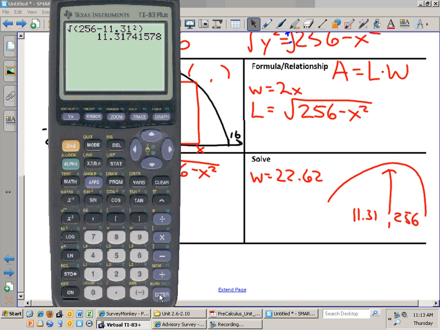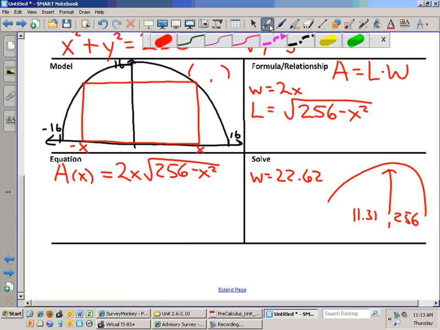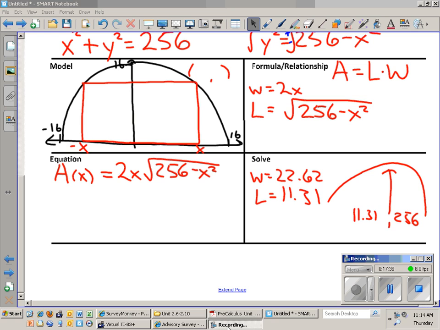I get 11.31 back out. So the length when we type that in is 11.31. Those are the two dimensions for a rectangle that will maximize our area, which happens to be a maximum of 256. That concludes 2.7. Any questions? Okay.